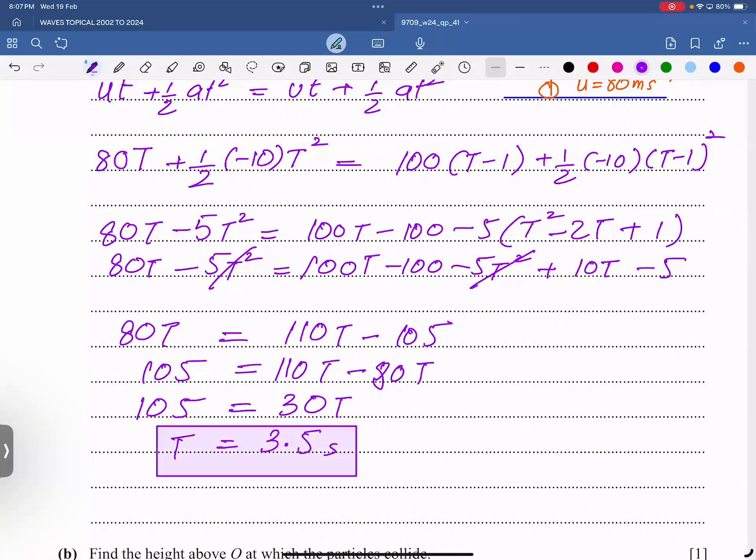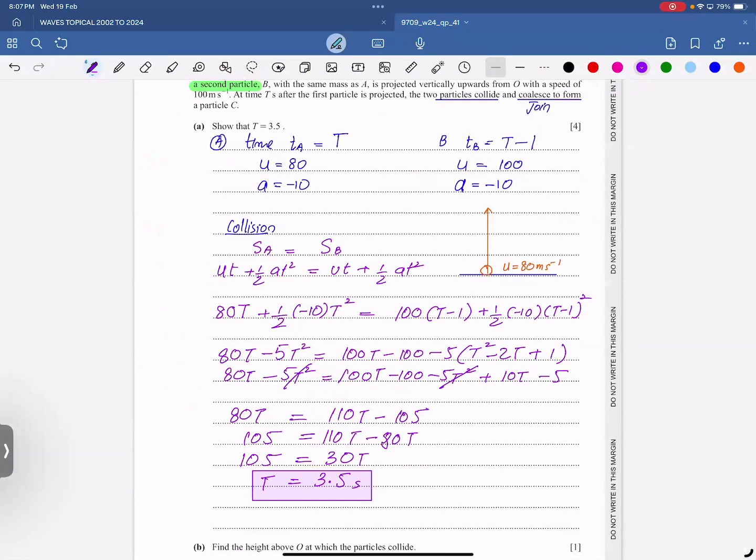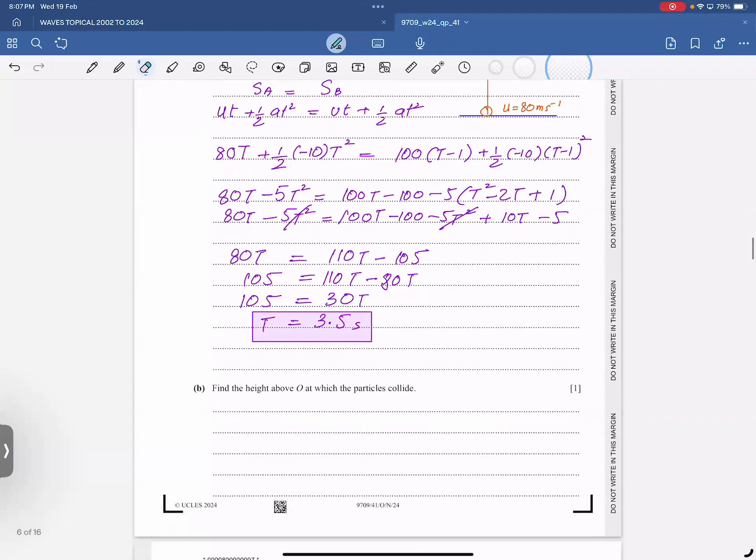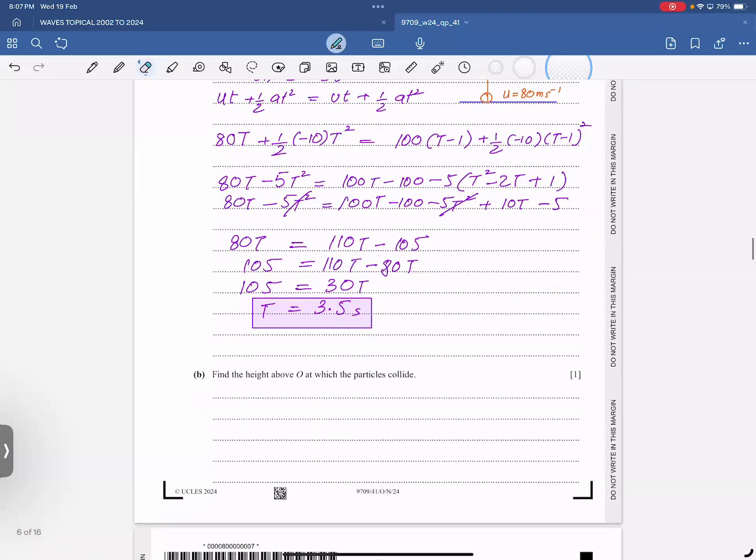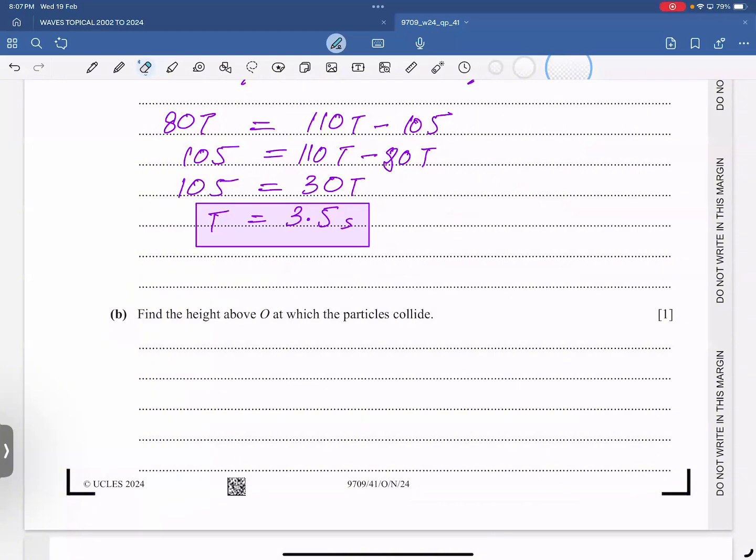3.5 seconds. Now 3.5 seconds is the time taken after the projection of A until they both collide. Now they say they coalesce. Coalesce means they both join together. So find the height at which they coalesce. It's very easy. For the height, you can use A or you can use B. So I'm using the first one.